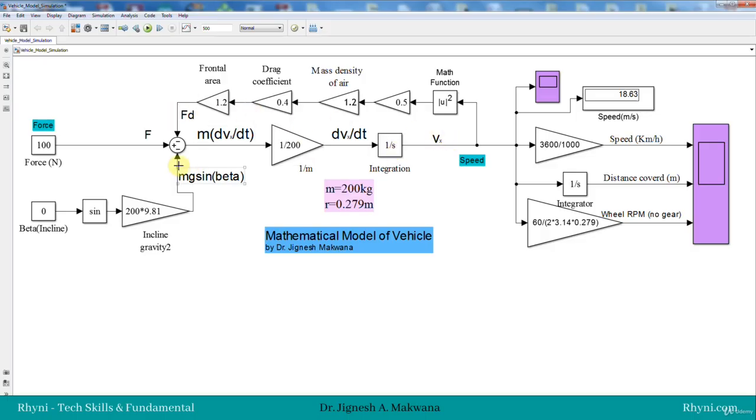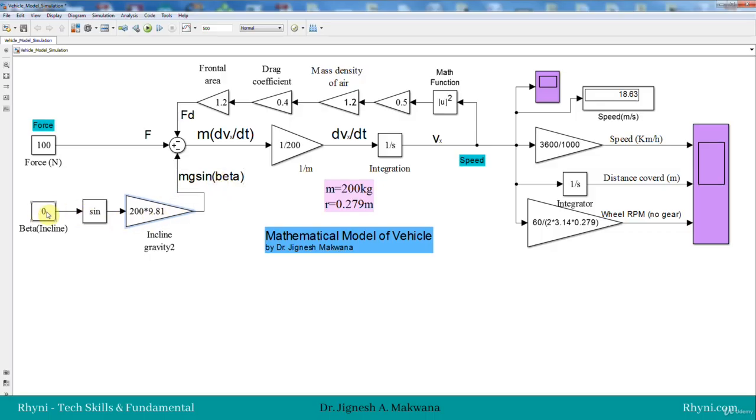Now come to this part. This is mg sin beta. If you write the value of m, here we have assumed the mass is 200 kg, into 9.81, which is the constant.